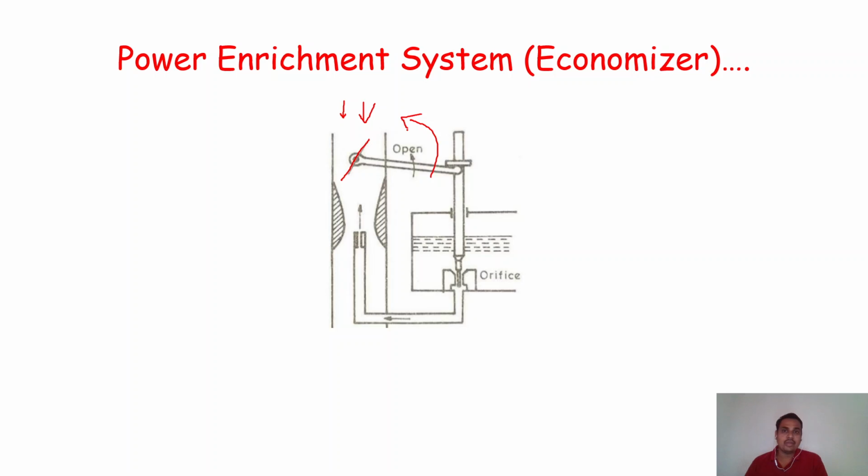Because of the motion of this lever, this plunger will get lifted up, and where the plunger wall is present, as the plunger lifts up, more fuel will be supplied through this fuel metering jet tube itself. So we can supply more fuel, and the required rich mixture can be supplied through the injector. This is the working of the power enrichment system, that is called the economizer.